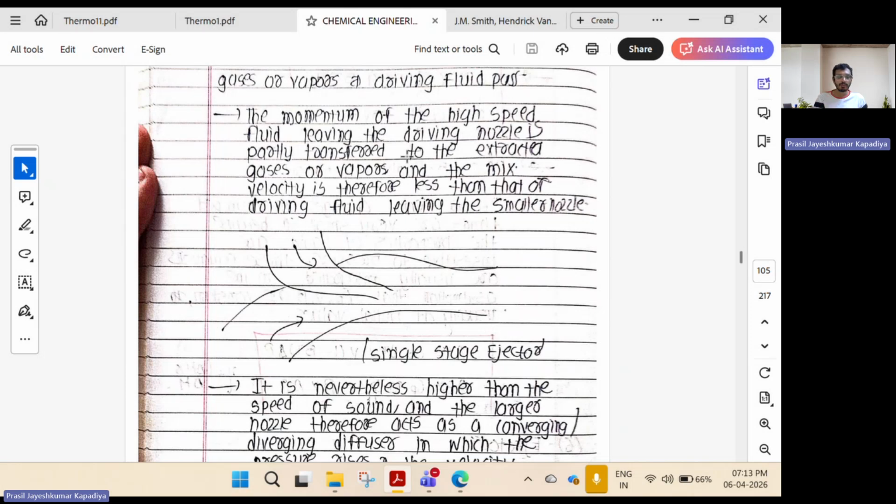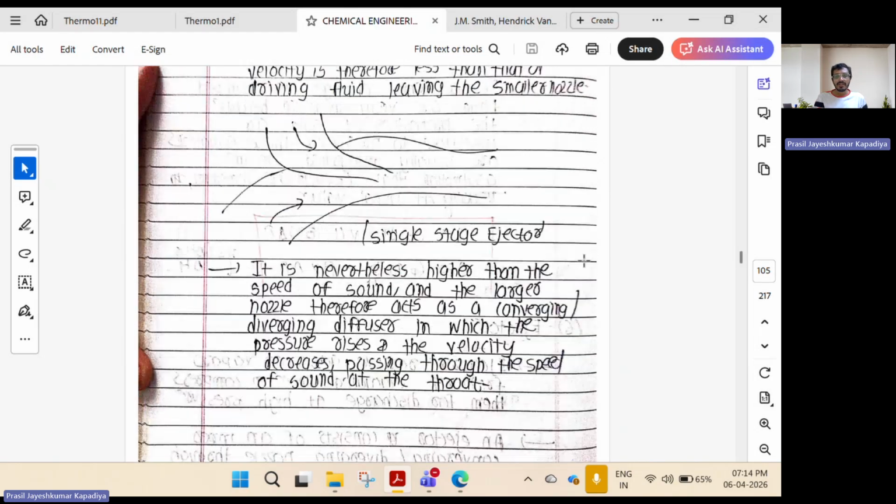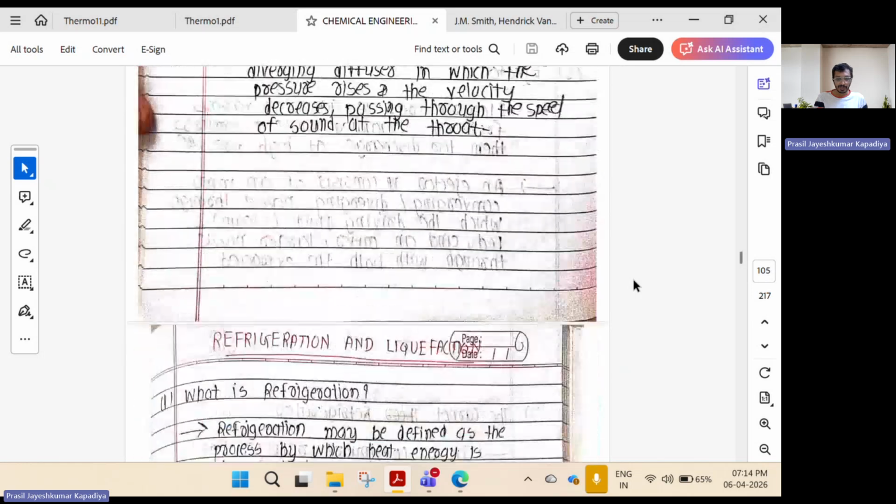The momentum of the high speed fluid leaving the nozzle is partly transferred to the extracted gases or vapors, and the mixed velocity is therefore less than that of the driving fluid leaving the smaller nozzle. It is nevertheless higher than the speed of sound, and the larger nozzle therefore acts as a converging-diverging diffuser in which the pressure rises and velocity decreases, passing through the speed of sound at the throat. This is not important right now.